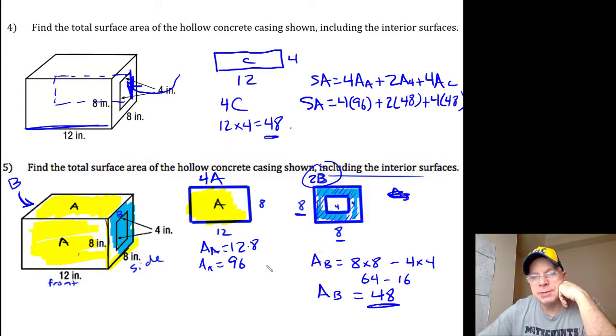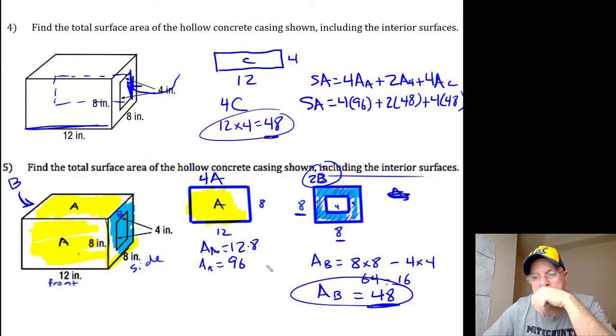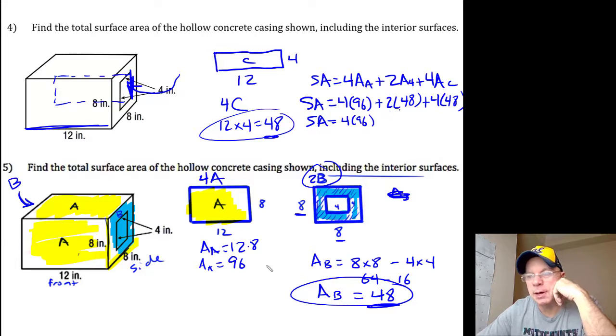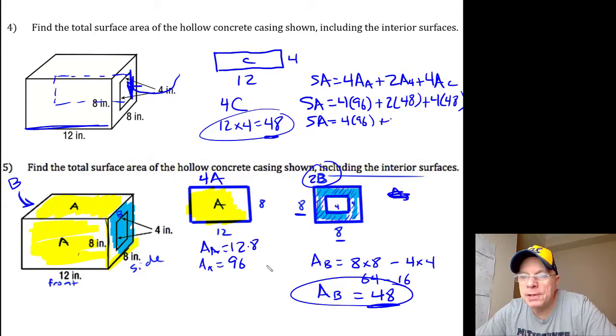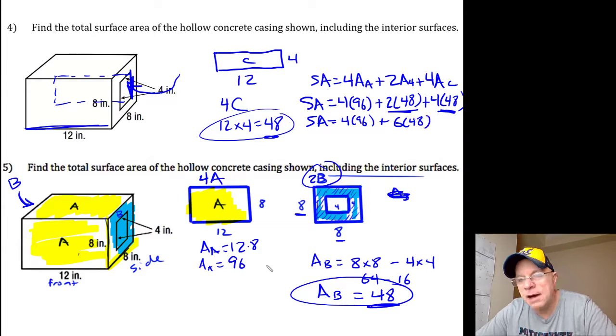Interesting that these are the same, right? It gets more interesting than that. I'm not going to do 4 96s, even though you could use a calculator, but I think there's going to be a shortcut here. I can see it already. If I have 2 48s and 4 more 48s, isn't that 6 48s? And isn't 48 half of 96?